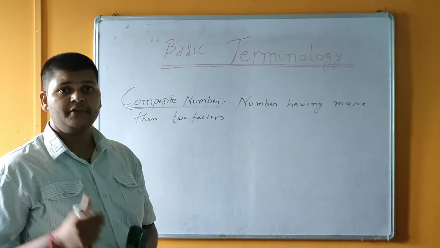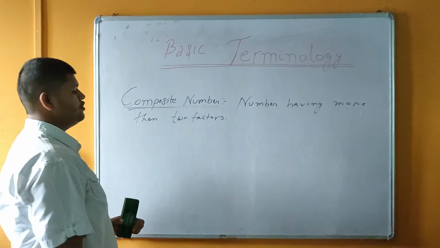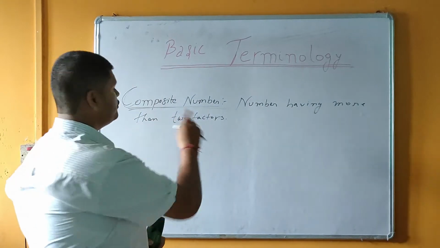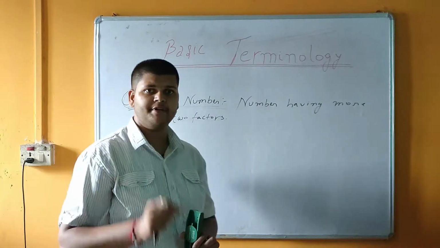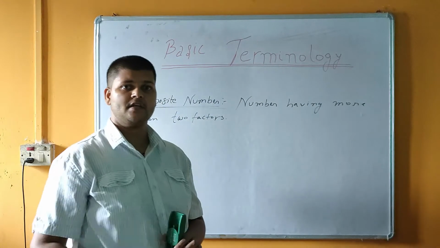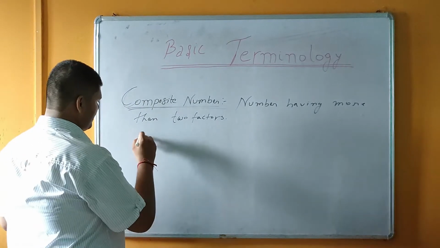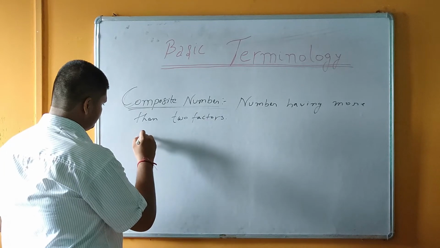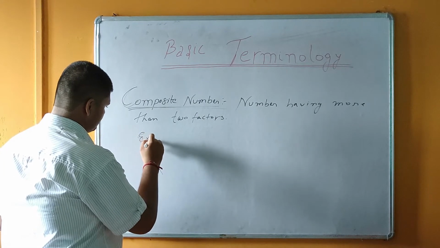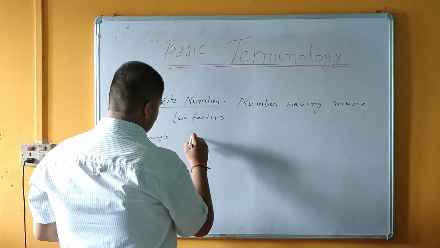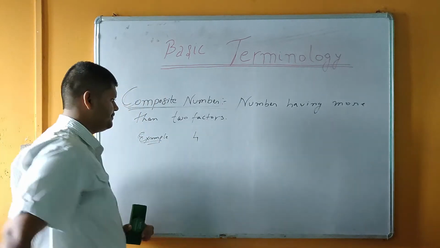Now we are going to deal with composite numbers. So what is a composite number? A number having more than 2 factors is considered a composite number. For example, suppose I take the number 4.